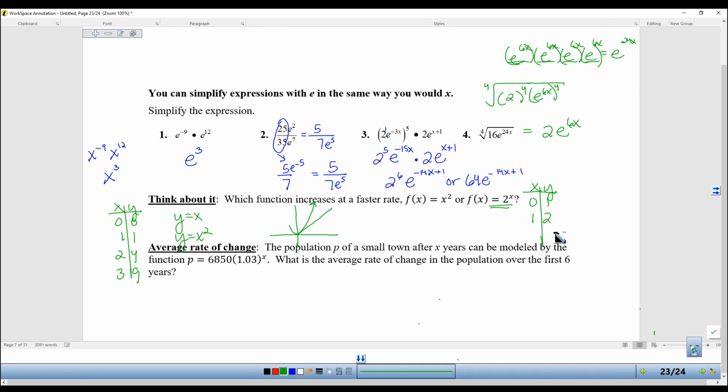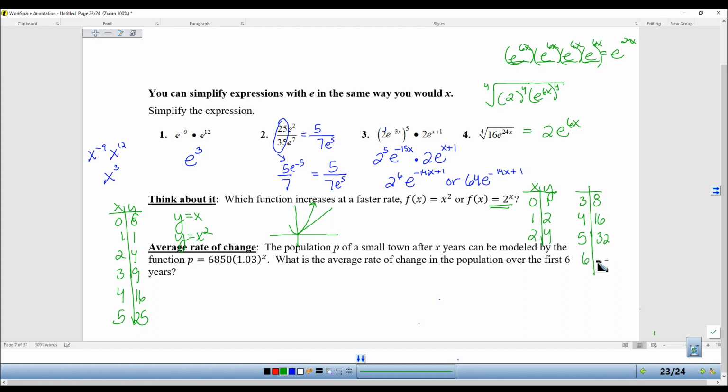At 1, it's 2. And then at 2, 2 squared is 4. Look at that. I'm at the exact same spot. But then if I keep going with this one, 3, 8, still not better, right? 4, so I guess I'm going to have to continue this one. 4 squared is 16, 5 squared is 25, 2 to the 4th is also 16, and then 2 to the 5th is 32. Am I convinced yet?